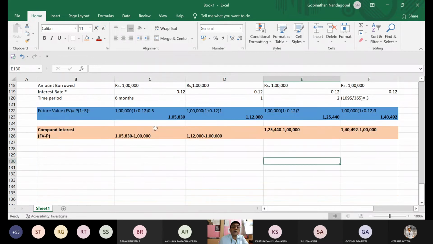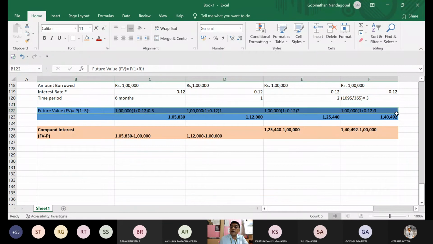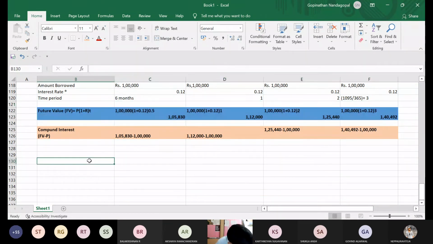Yes, sir. But you took the amount as compounded annually, right, sir? But the number of years for every stage, the number of periods is given. Sir, I am asking about the number of times compounded. Yeah, the number of compounding only they are given: 6 months, 1 year, 2 years, like that it's been given.